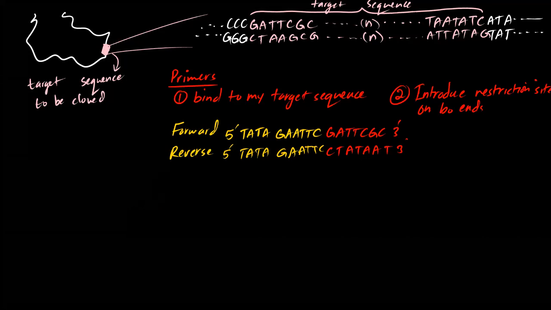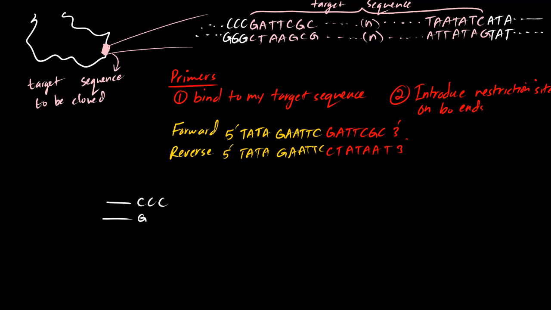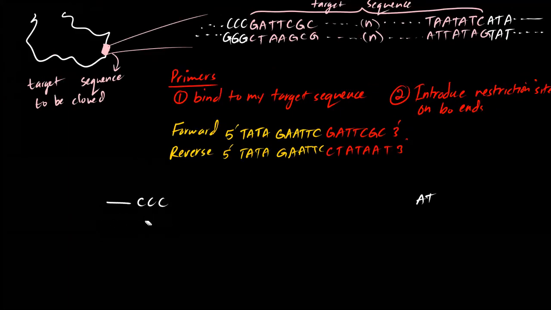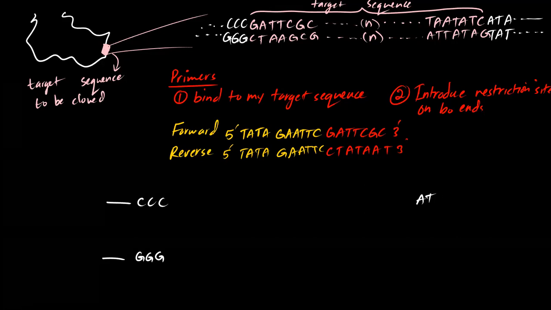So I'm going to just write the sequence like this, C, C, C, and here we have G, G, G, and from the other end we have T, A, oh, okay, let me make them denatured like this, A, T, A, and then the rest of the sequence, then here we have T, A, T, the rest of the sequence.